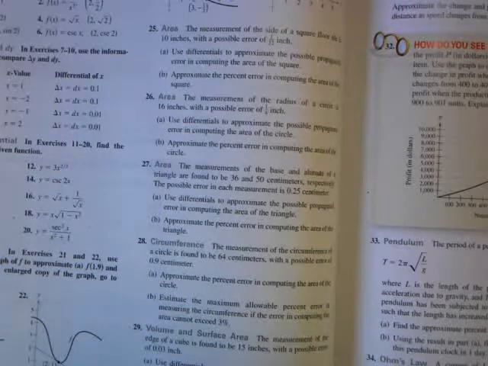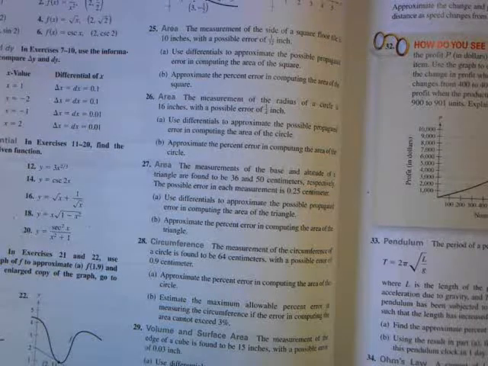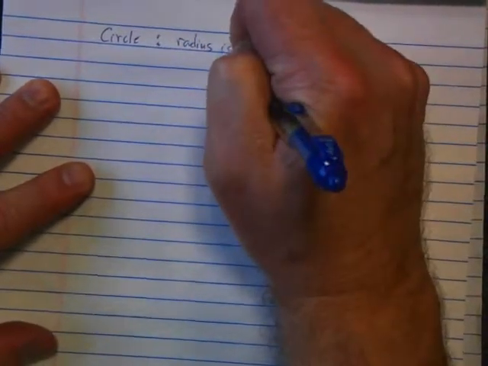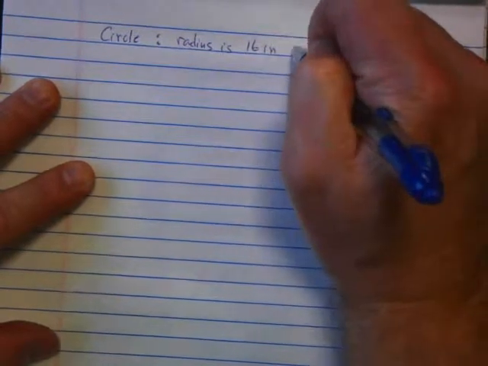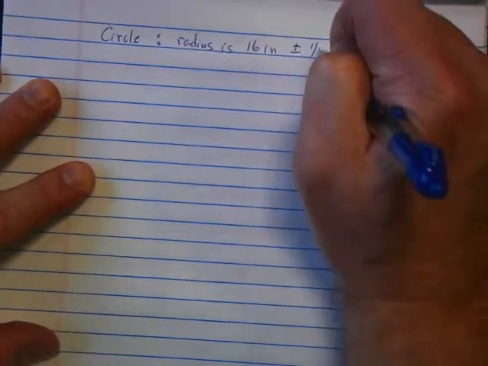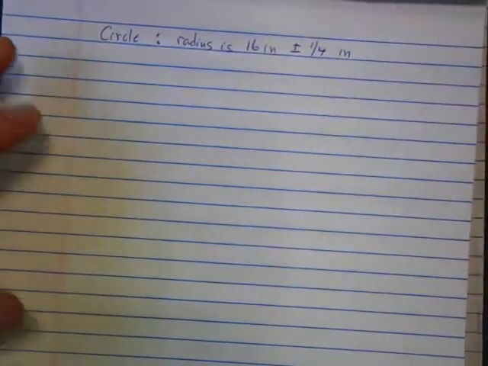And then part B, approximate the percent error in computing the area of the circle. So we're building a circle. The radius is 16 inches plus or minus 1/4 of an inch.